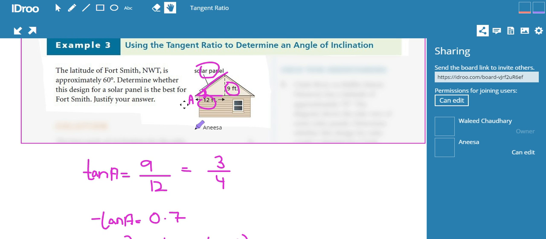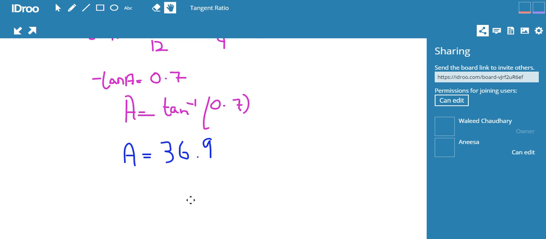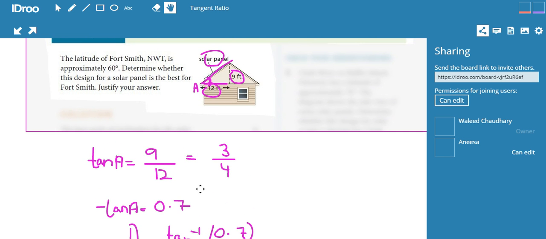Now you say 60 degrees is the angle of the latitude. If we find the angle of inclination of the solar panel is not equal to this, we have to make sure the angle of inclination for the solar panel equals 60 degrees. If it is not, then this would not suit the design of the solar panel. So we have to find the angle A, which would be the angle of inclination.